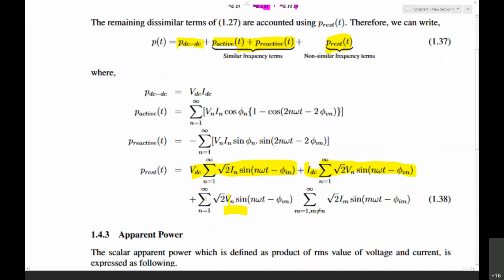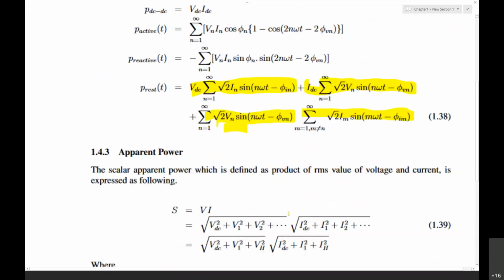And these are the dissimilar frequencies of the voltage interacting with the currents, where n is equal to 1 and m is not equal to n, and m is equal to 1 to infinity. This is about the instantaneous powers with respect to the presence of voltage harmonics as well as current harmonics.